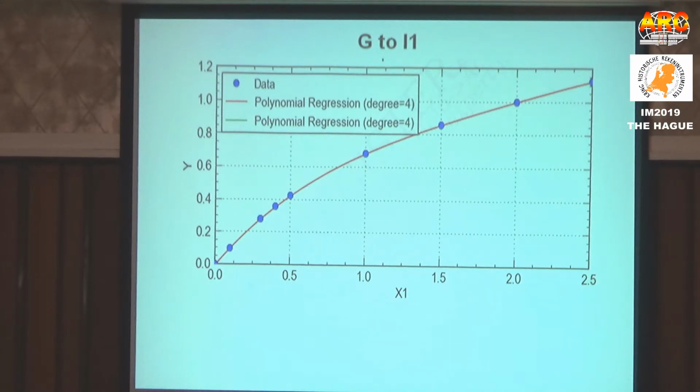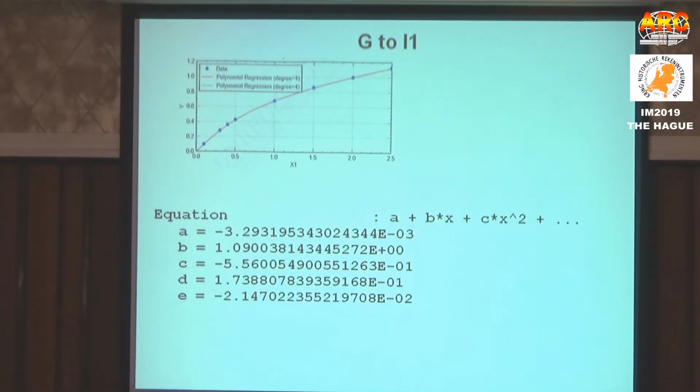So I just took half a dozen or so values from each of the scales, G compared with I1. You put them into a piece of software called Curve Expert. There are innumerable linear regression items of software you can find on the web, so you might find a better one.